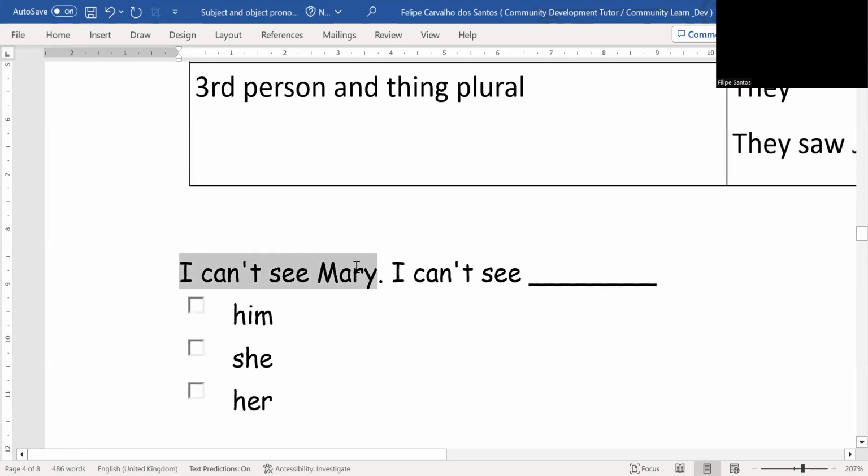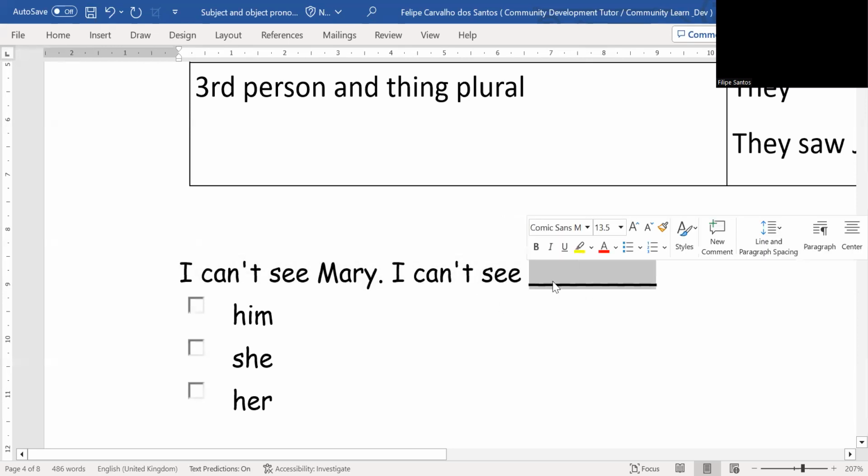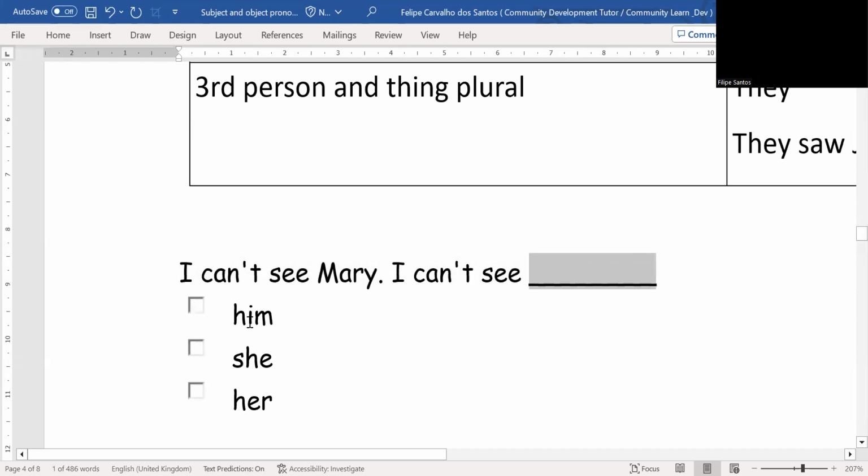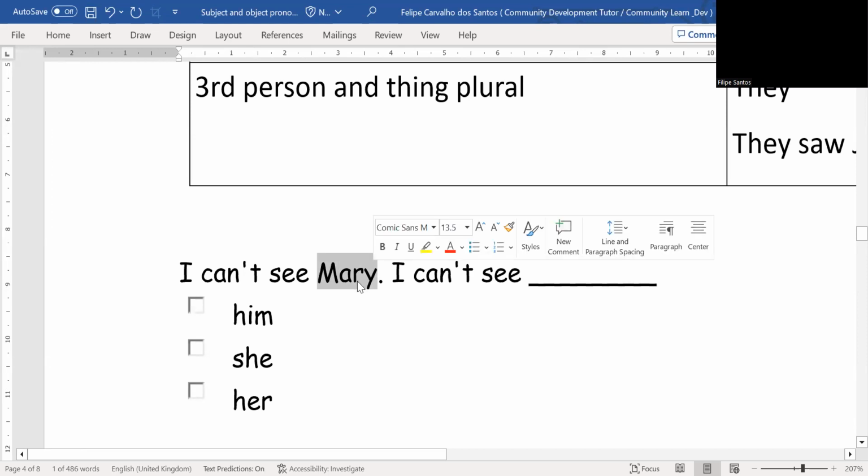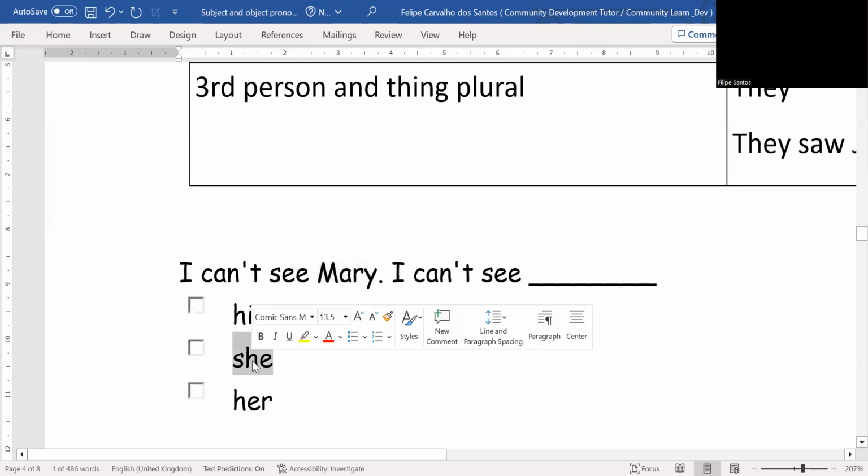I can't see Mary. What do I write in here? A, B, or C? So we're talking about Mary, a woman, or a girl. So can we write, I can't see she?